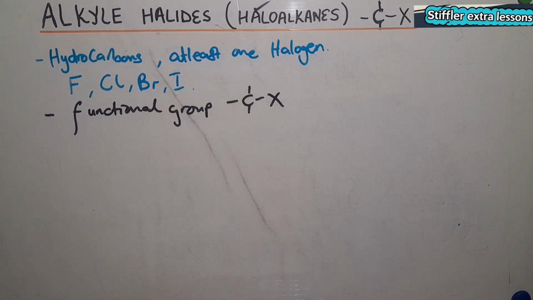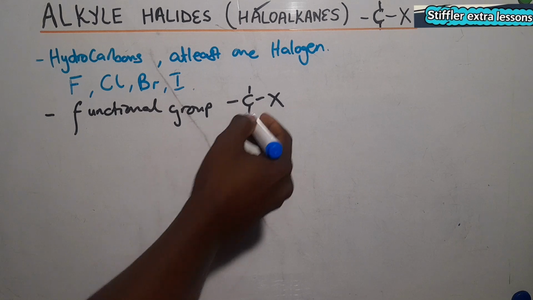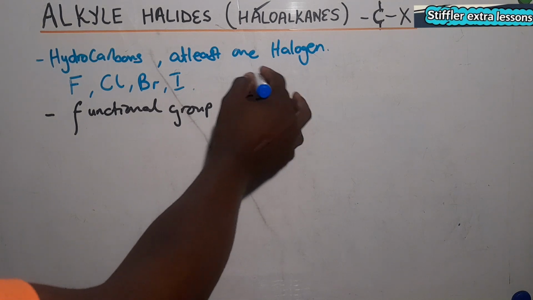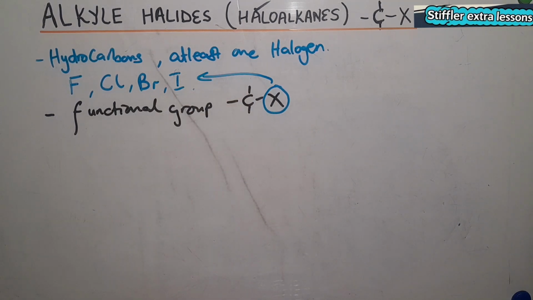So the X is representing a halogen. It's either fluorine, chlorine, bromine, or iodine. So we are going to talk about how you can name these hydrocarbons.